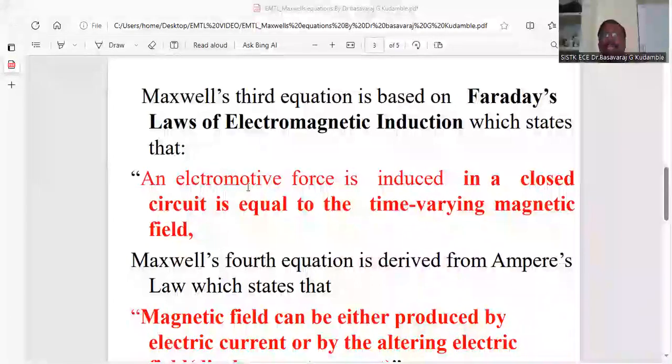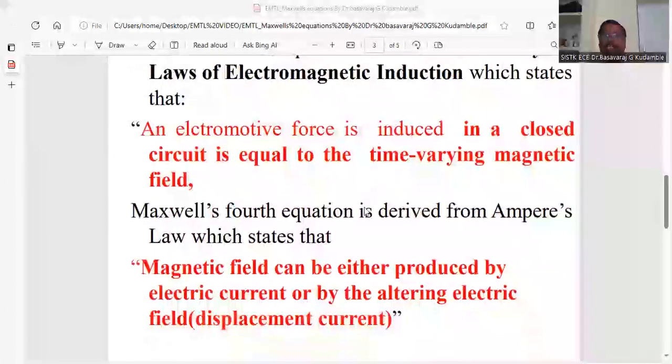It says that the electromotive force, which is nothing but a voltage in circuit theory, induced in a closed circuit is equal to the rate of change of the time varying magnetic field. We call it Faraday's law, and Maxwell's third equation.